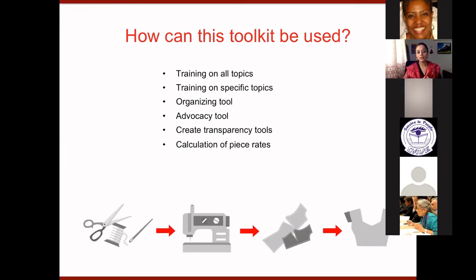It can also be used as an advocacy tool. When we were doing trainings, they found it very important. There's a chapter on social protection where we've listed all these social assistance programs provided by the government, and they said, we may use this as an advocacy tool. This toolkit can also be used to create transparency. There are various tools provided there. And lastly, what Shabnam and even Jayalakshmi talked about, how to calculate piece rates to match minimum wages. We have a separate chapter on that.